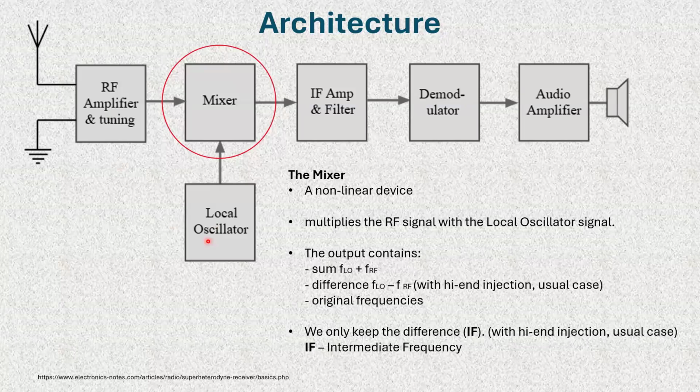The local oscillator frequency minus the original incoming RF. And that's the usual case, that we do the high-end injection. Now, in some specific cases, maybe within the microwave regions, we might want to use the low-end injection.